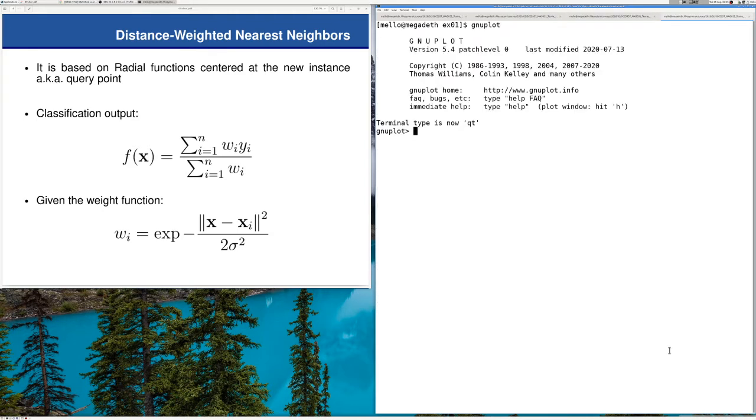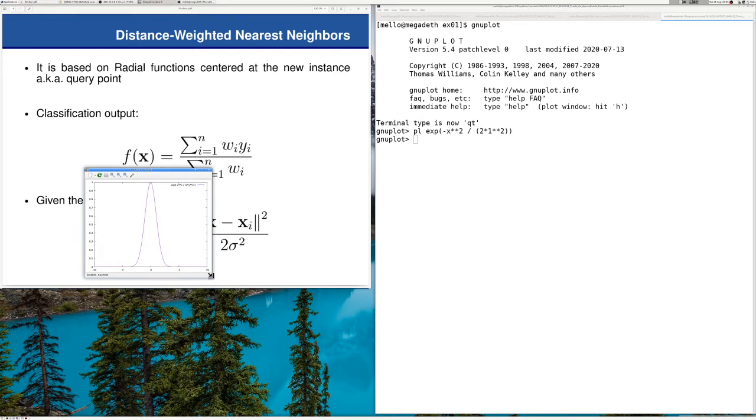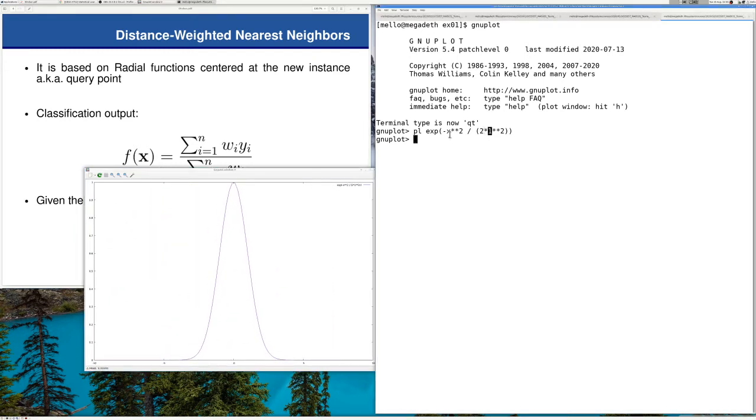That's the same as you guys might notice. I could open GNU-plot and plot something like this. Plot the exponential, which is the same function as seen here, for a given distance squared, divided by 2 times some sigma squared. Let's say my sigma is going to be 1 squared. This is my Gaussian function in this scenario, assuming sigma equals 1 and my Euclidean distance being represented by x.